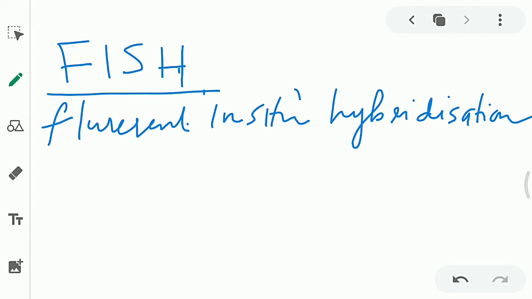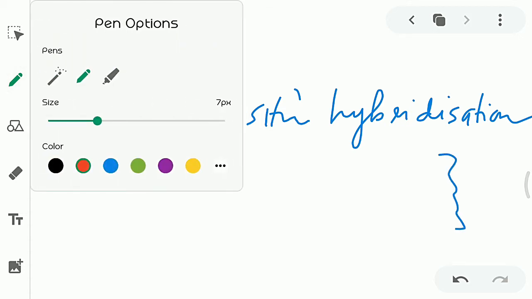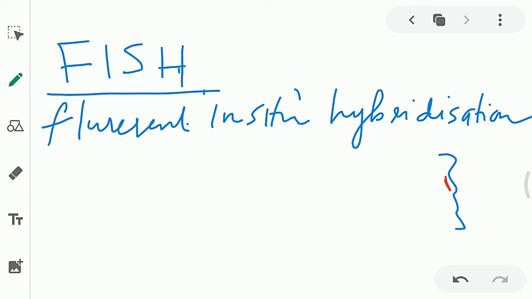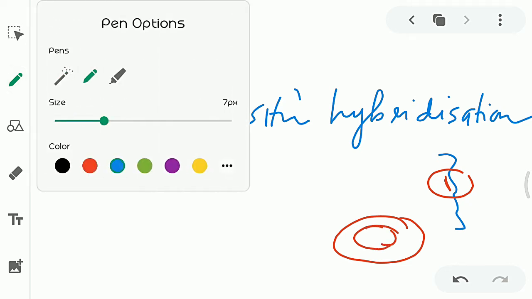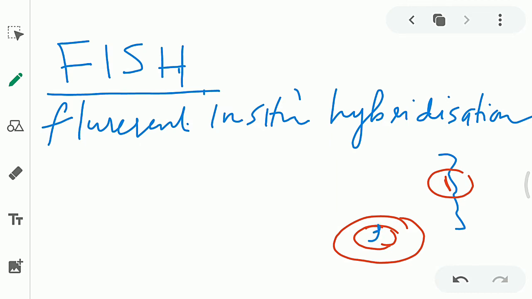As you all know, hybridization में हम एक original DNA में probe को hybridize कर रहे हैं. Probe is labeled, so we can easily identify the probe, so we can identify that gene. Now if you do this within the cell, inside the nucleus, then this is known as in situ.